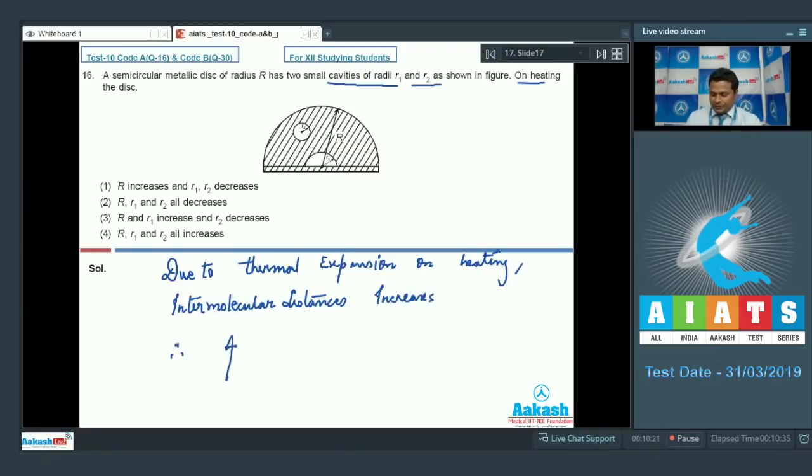Therefore, all radii increase. So that's why we will go with option number 4, which is absolutely correct.